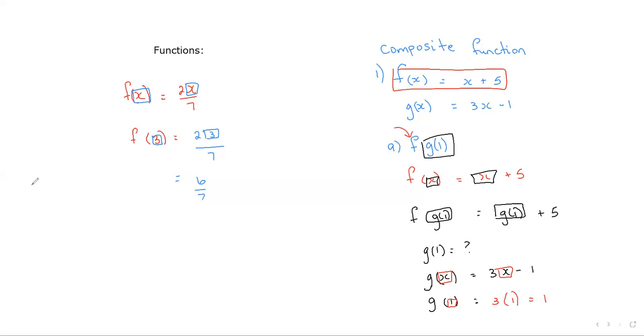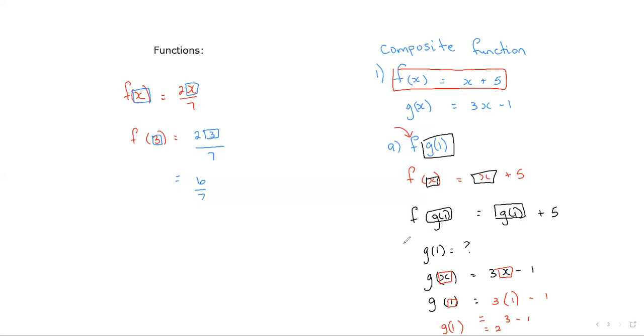So g of 1 is 3 ones are 3 minus 1, which is 2. So g of 1 has a value of 2.